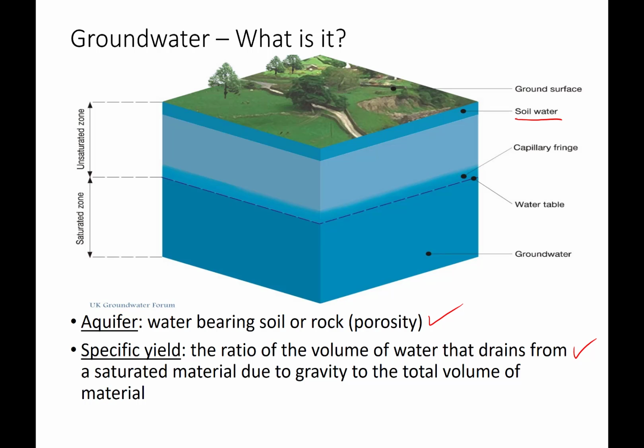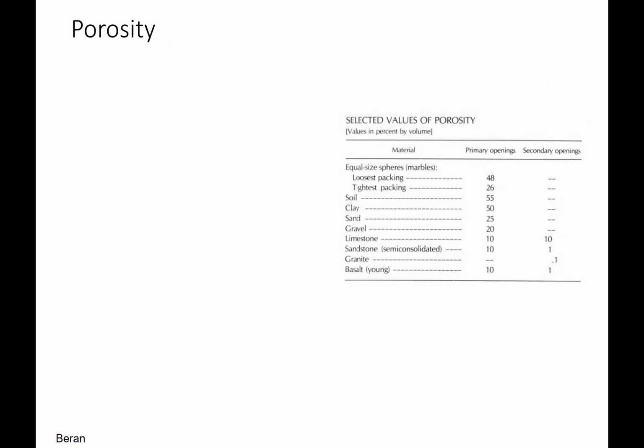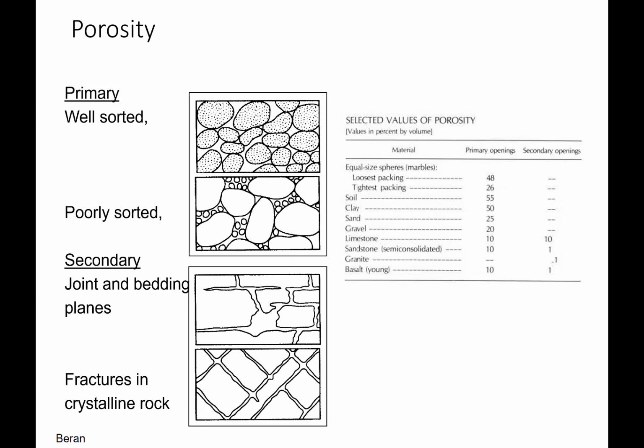And actually specific yield is, well, in my definition here on this slide, I call it a ratio, but it can be a ratio or volume. It's represented both ways. And that's that water that would drain out by gravity. And so this is the volume or the ratio of water that drains to total volume that is usable, at least easily usable.